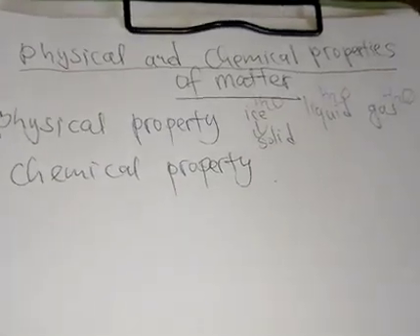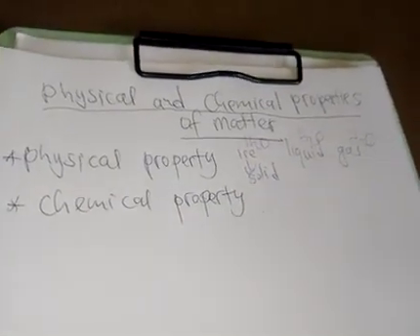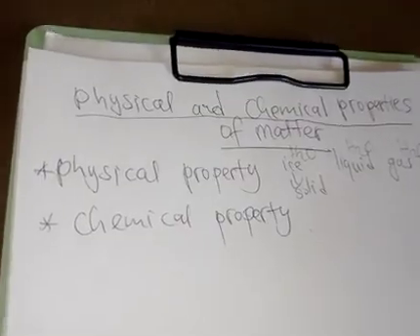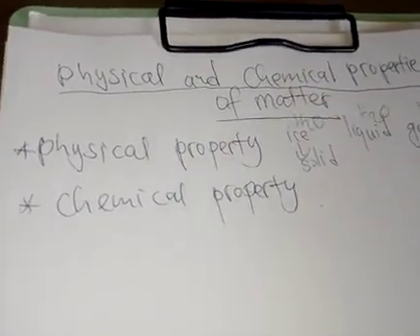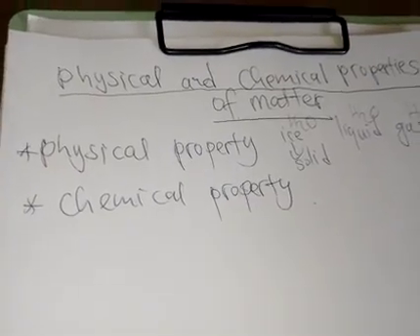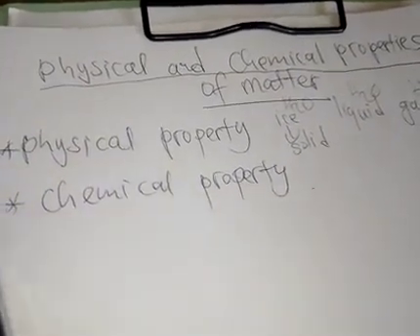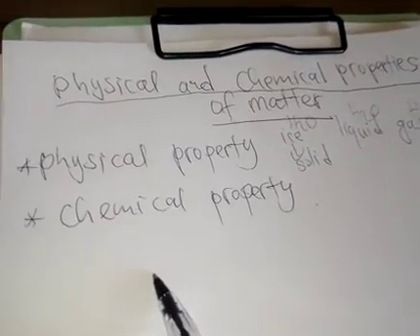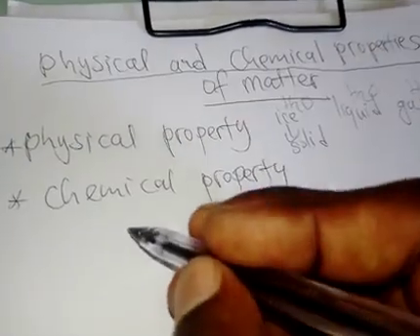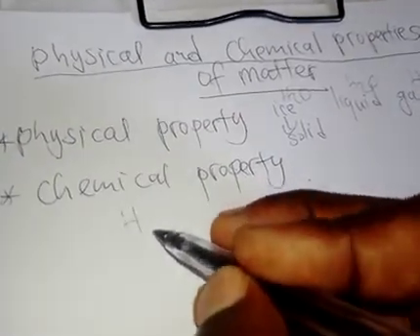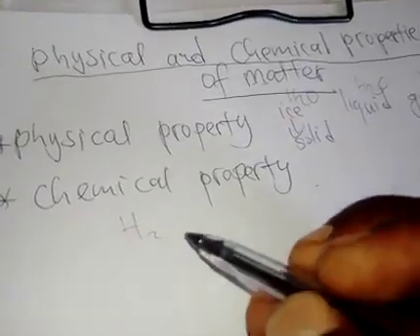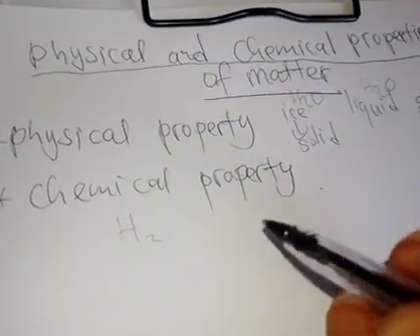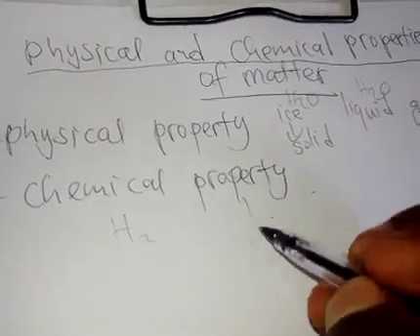Then what about a chemical property? A chemical property of matter is one which is observed if there is a chemical change. For example, say you react hydrogen with oxygen.